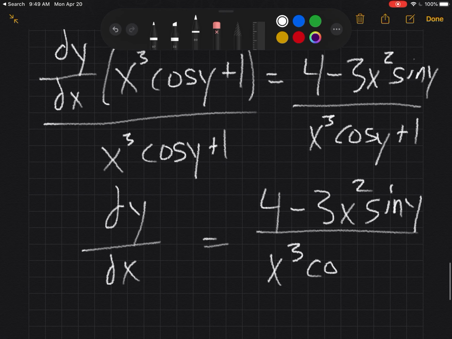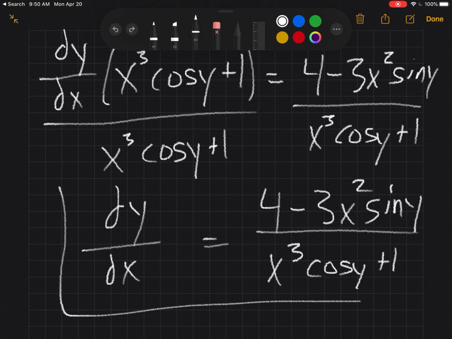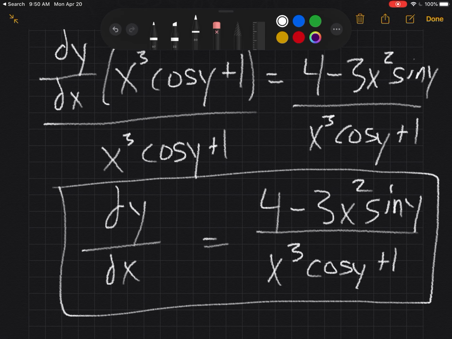And I can divide both sides of my equation by x cubed cosine y plus 1. And I get the derivative of y with respect to x is equal to 4 minus 3x squared sine y over x cubed cosine y plus 1. And that's our final answer there. Looks hideous, doesn't it?